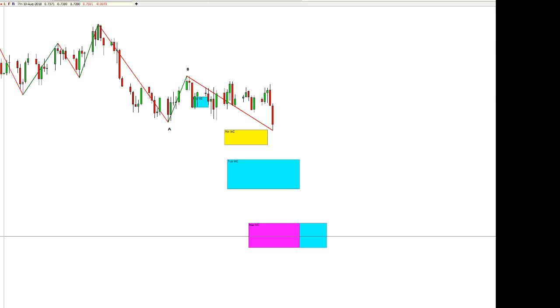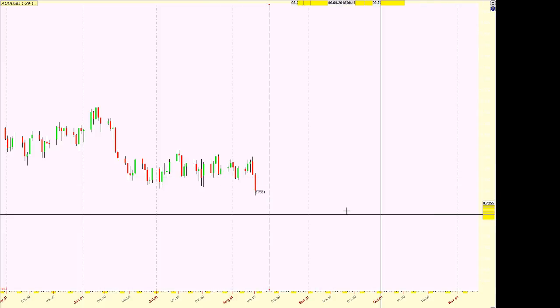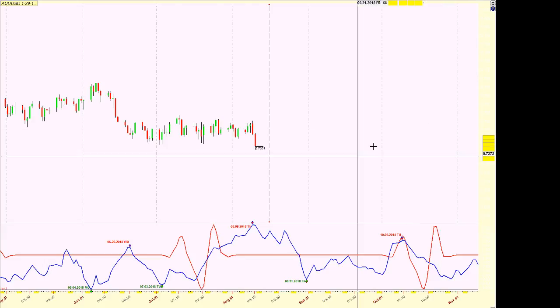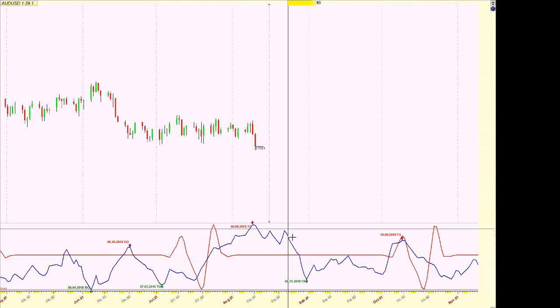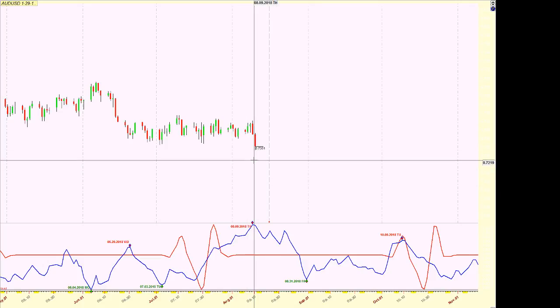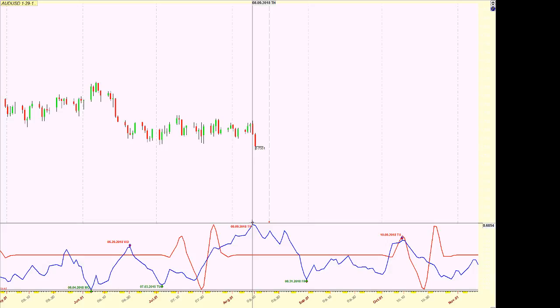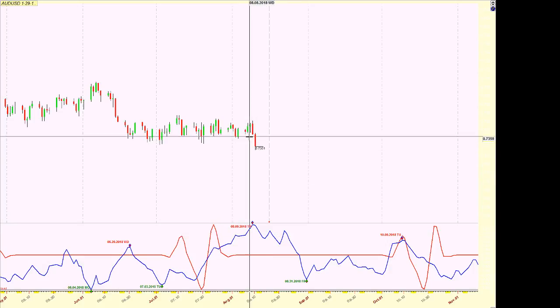What else do I have? Lastly, we could see the models. We're locking down just for August. You can see that one of the models here picked up a swing high on the 9th, and it nailed it.